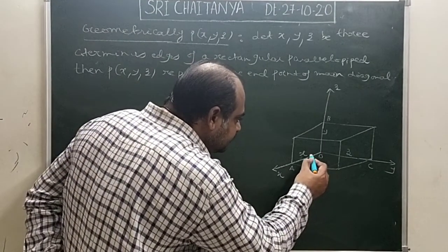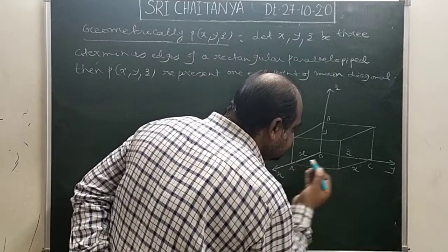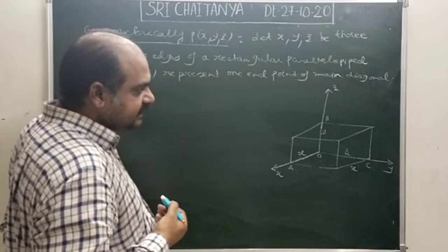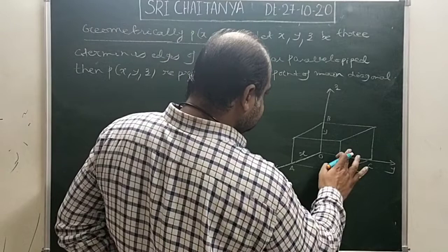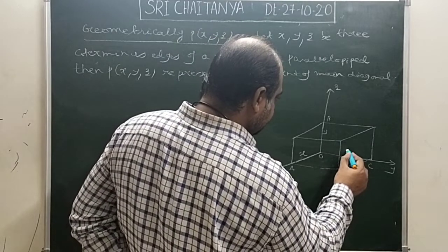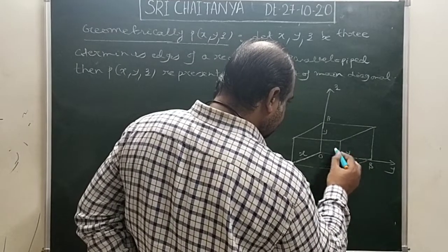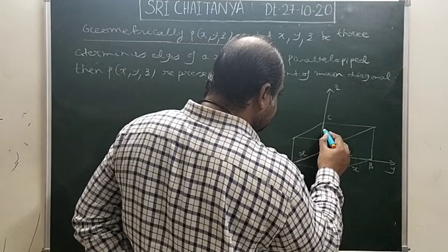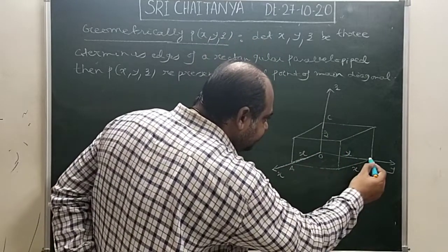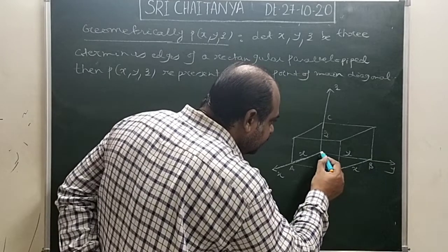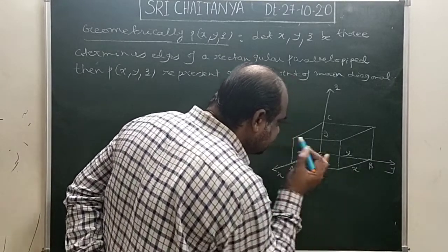Now this is a rectangle, and this is x, so the opposite edge will also be x. OB is this y, OC is this z. So this is y, this rectangle will have these x's and these y's.